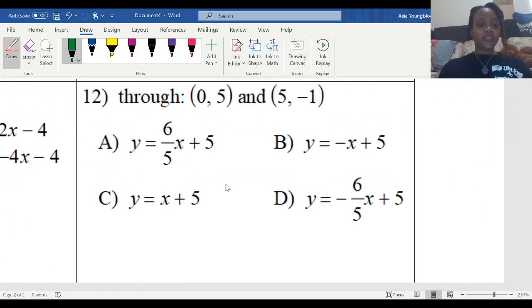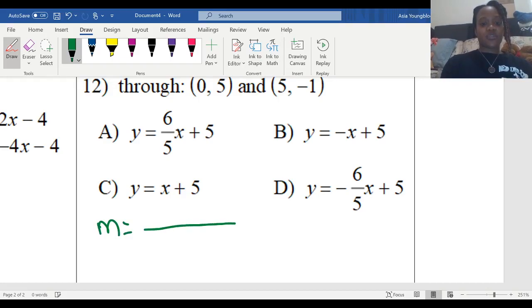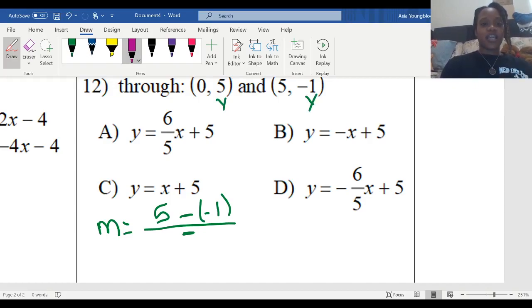Looking at number 12, we're going to go through the same process. So start by finding the slope between the 2 points. So we're going to subtract the y values in the top and the x values in the bottom. Subtracting the y values gets us 5 minus negative 1. Again, in the bottom, we're subtracting the x values.